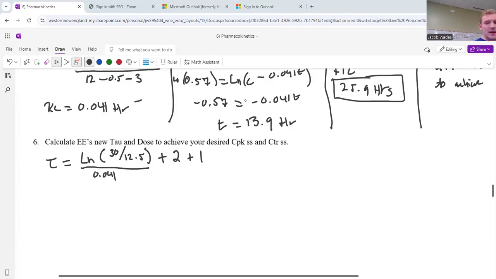So what do we get for tau? It's 24. So 24.4, we can just keep it. 24 hours is close enough.